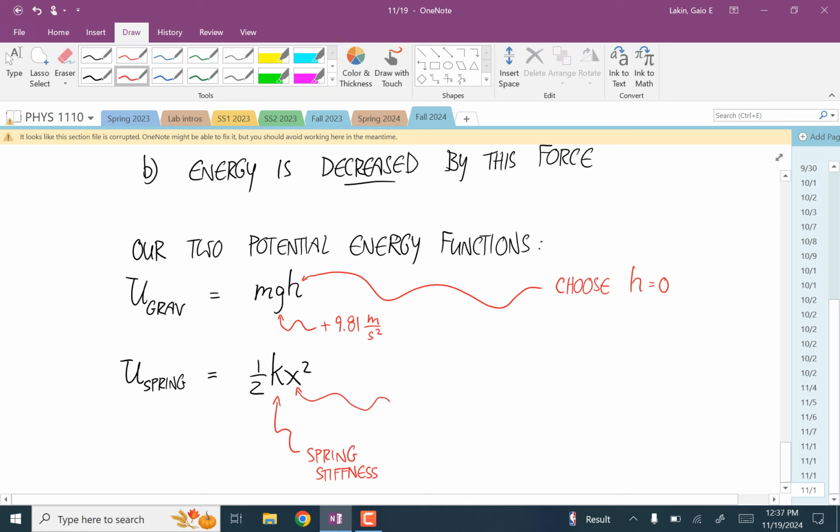And x is the distance the spring is deformed from its resting length.